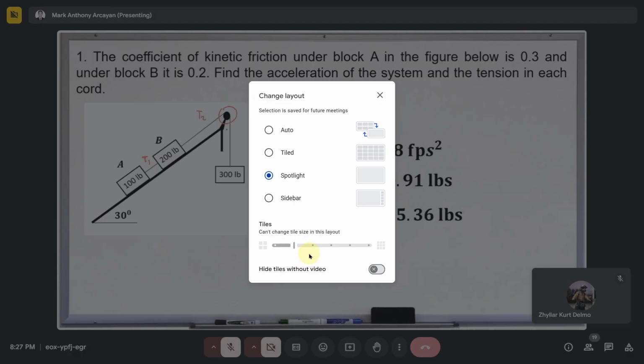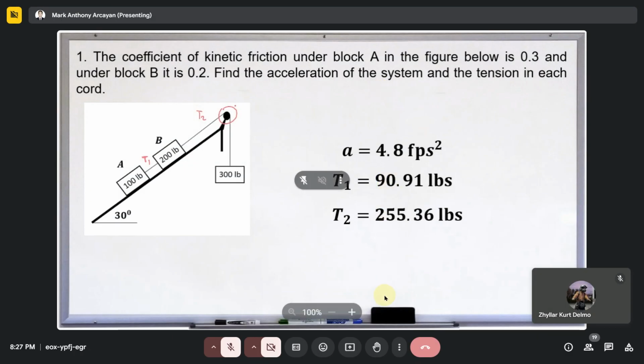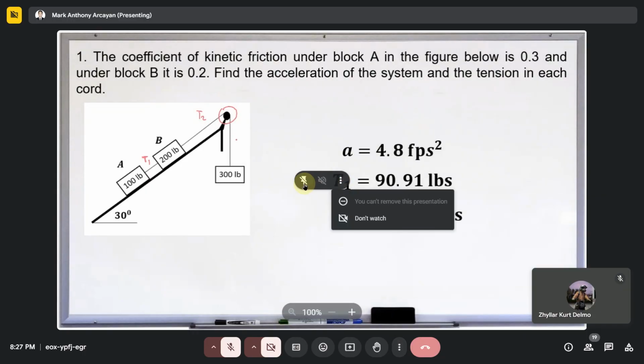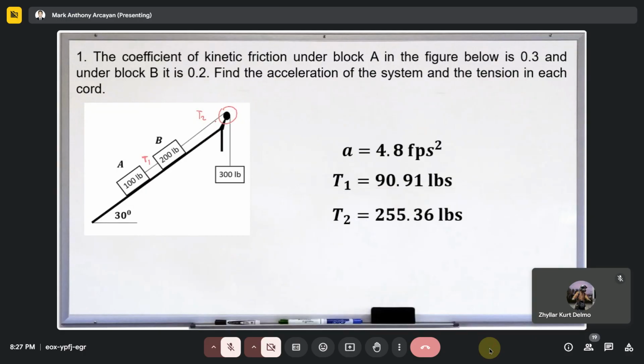If it is frictionless, then this T2 is true for both B and this hanging block. However, if this pulley is not frictionless, then we may experience a difference in tension between these two sides of the pulley. But for simplicity, class, we'll assume that the pulley is frictionless. Therefore, we have a uniform tension between block B and this 300-pound hanging block.